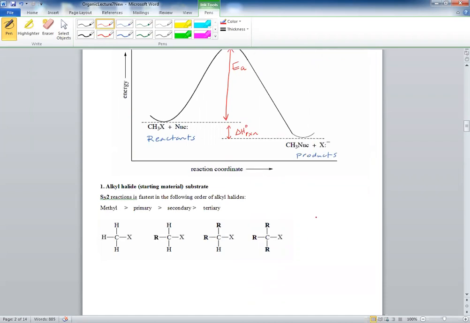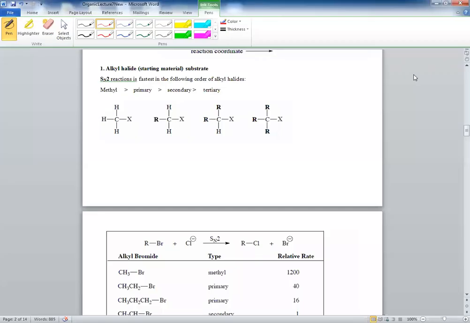If we look at the SN2 reaction, we observe that SN2 reactions are fastest in the following order. So the methyl would be the fastest. Reaction rate would be the fastest, in this case with the methyl.